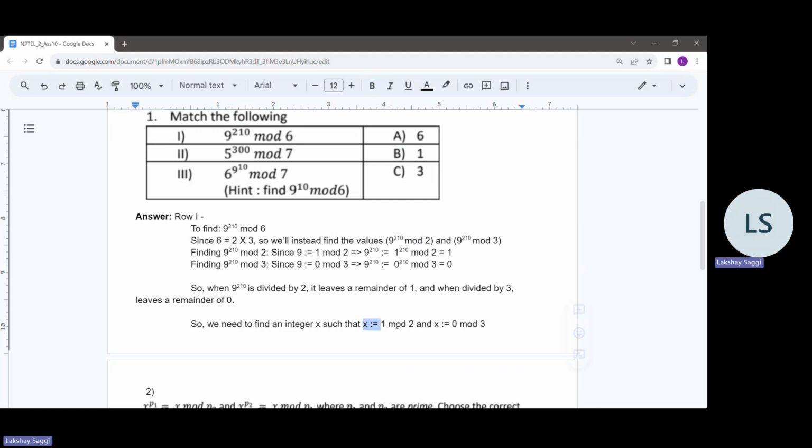So I'll just put these in italics. You can see the equations.